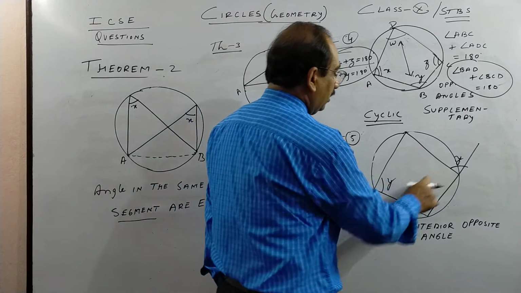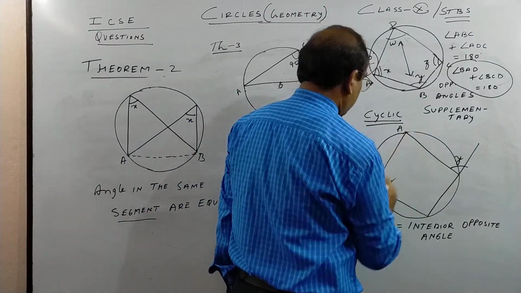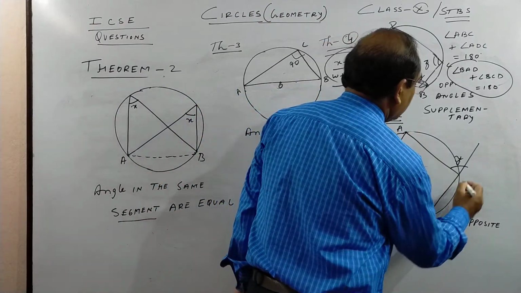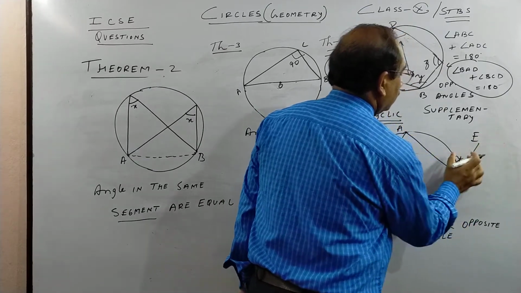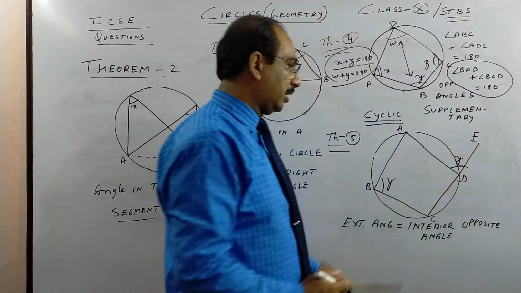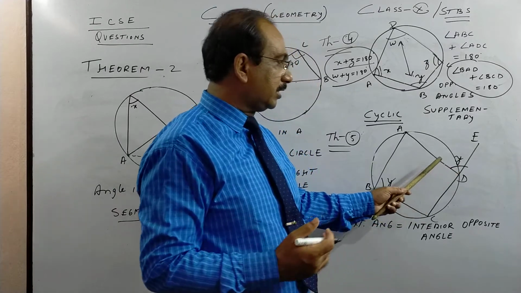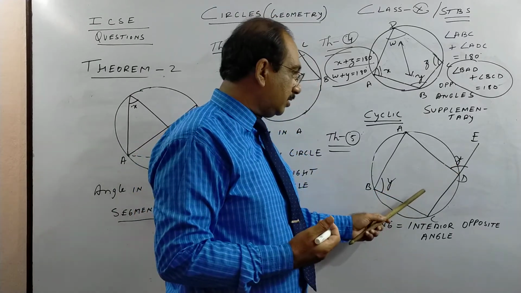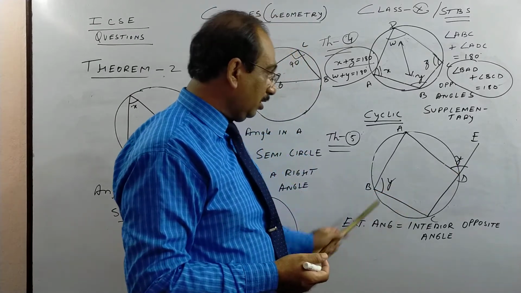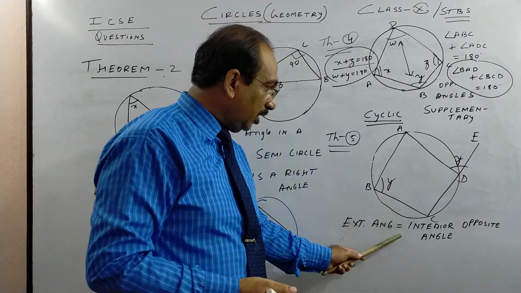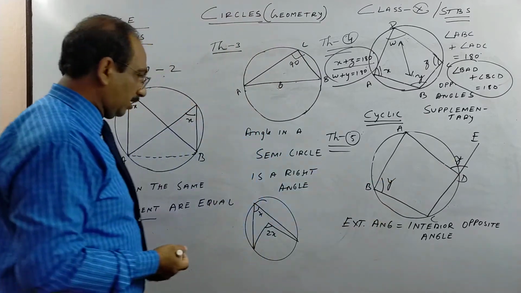Okay, so if this is your A, B, C, D, E, then this angle is called the exterior angle. If you have done it in triangle, I'll give you a little comparison over here. So the exterior angle of a cyclic quadrilateral is equal to the opposite interior angle.